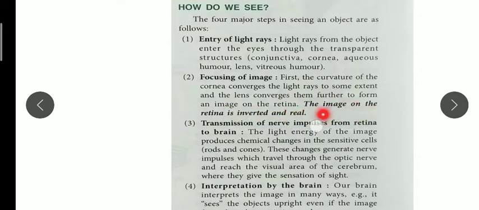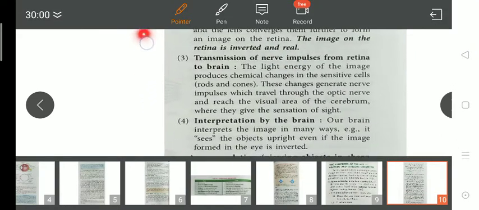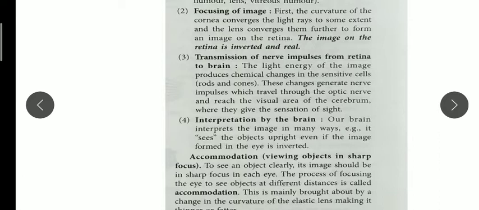The image on the retina is inverted and real, so you can underline that. In physics also your teacher explained these images, the curvature of the lens, convex lens, concave lens. So you are all familiar with this. Now the third step is transmission of nerve impulses from the retina to the brain. I told you that every sense organ contains a receptor.